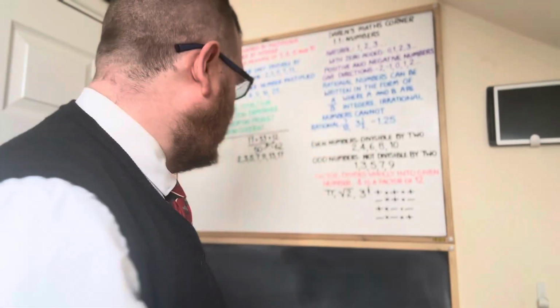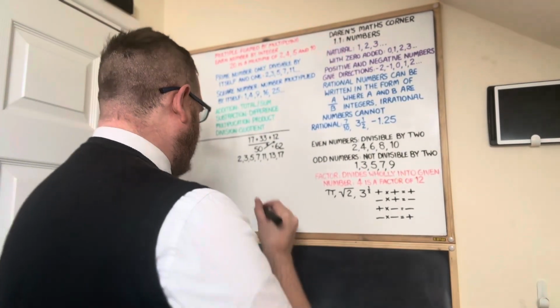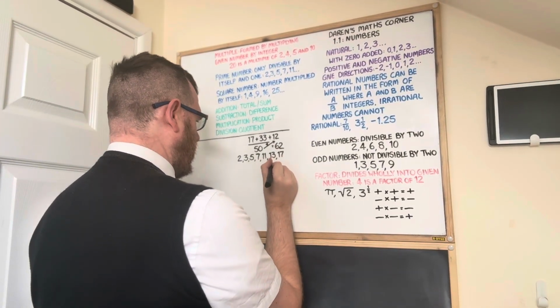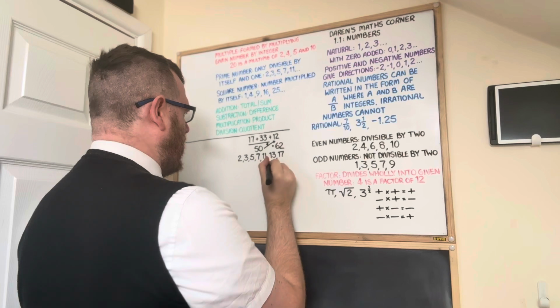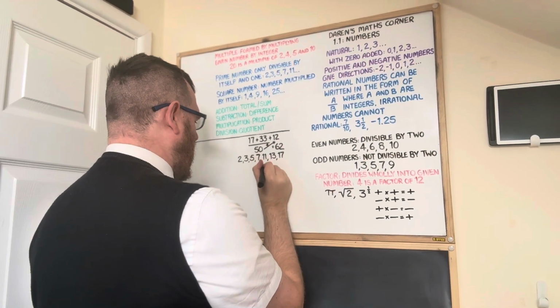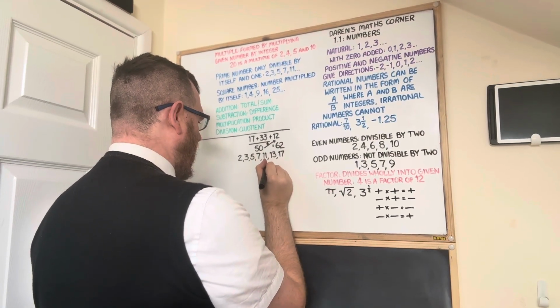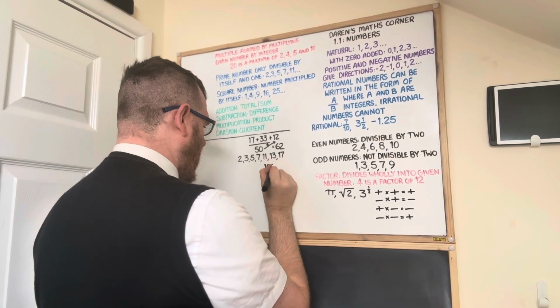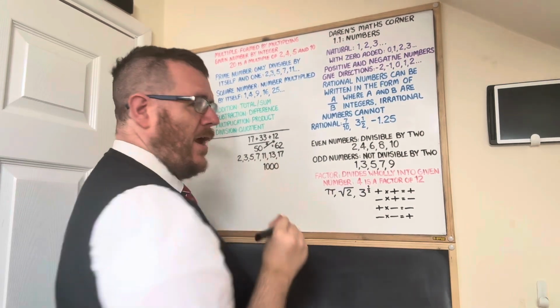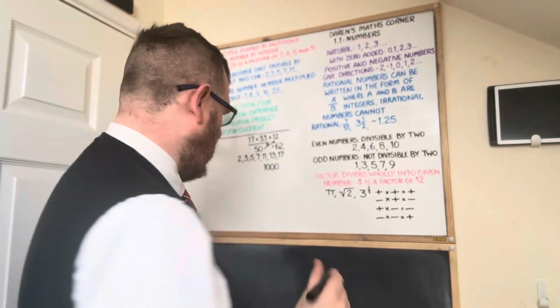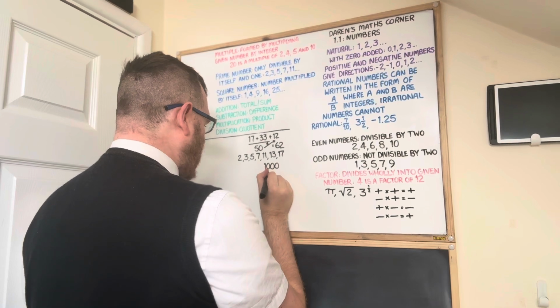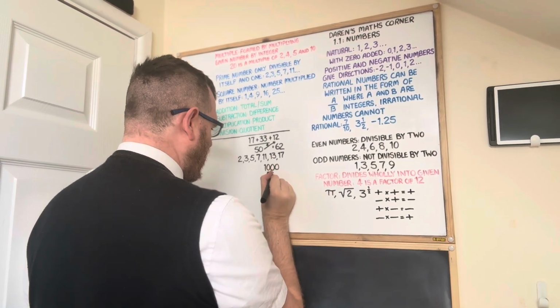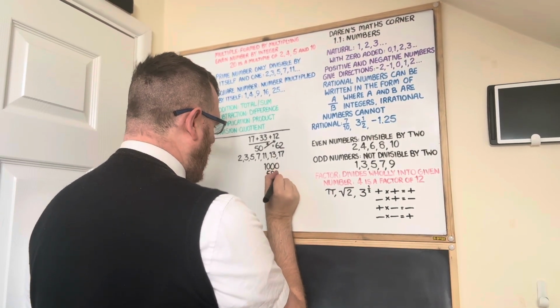The next one, subtract 583 from 1,000. I really should write down what the question numbers are. I'll do that in the next video. I already know what the answer to this is. So subtract 583 from 1,000.